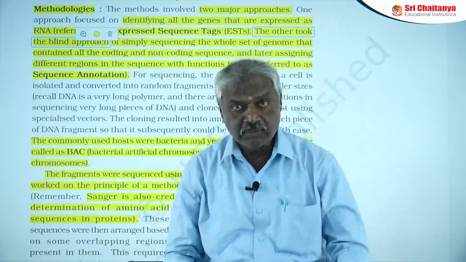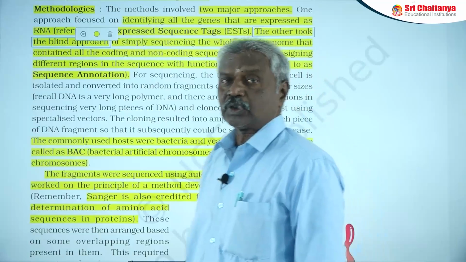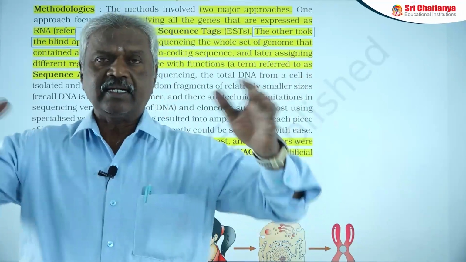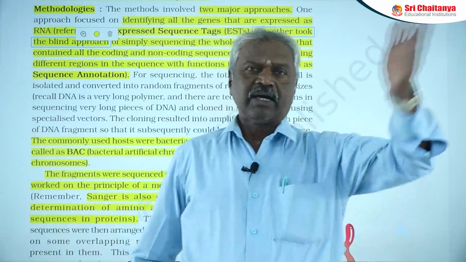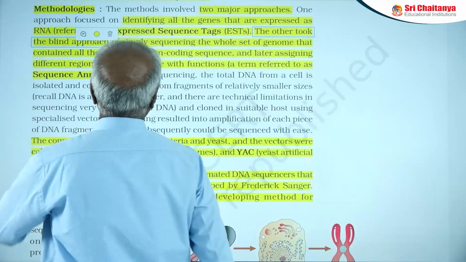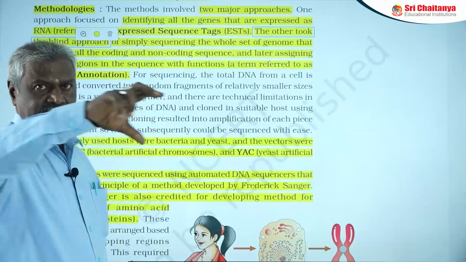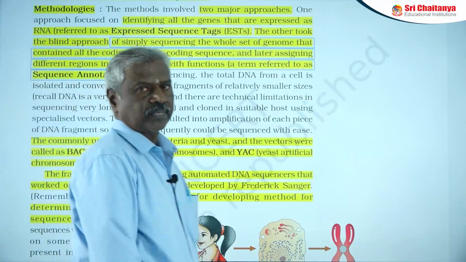The entire genome should be sequenced. That's why the second method, it's a blind approach. Total DNA is taken, broken into pieces, separated into coding and non-coding sequence. Both are separated, and later these are arranged. This is called sequence annotation.